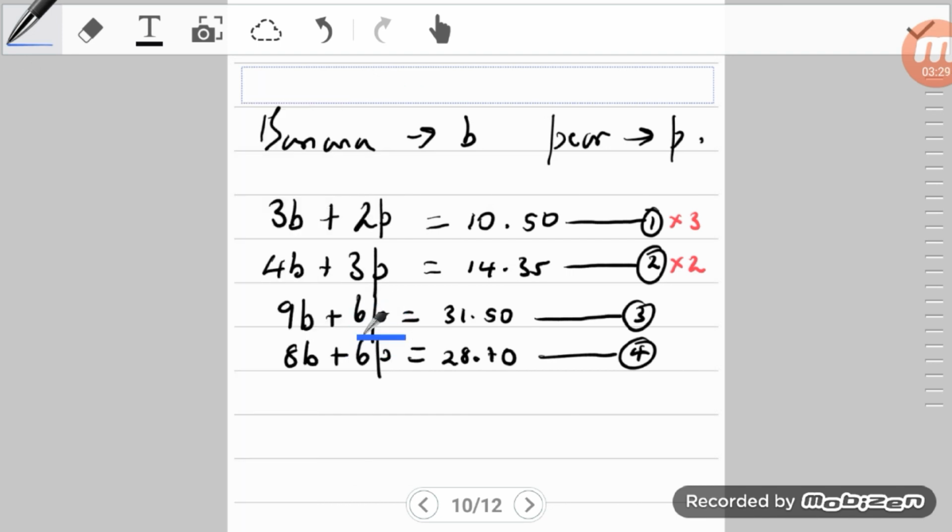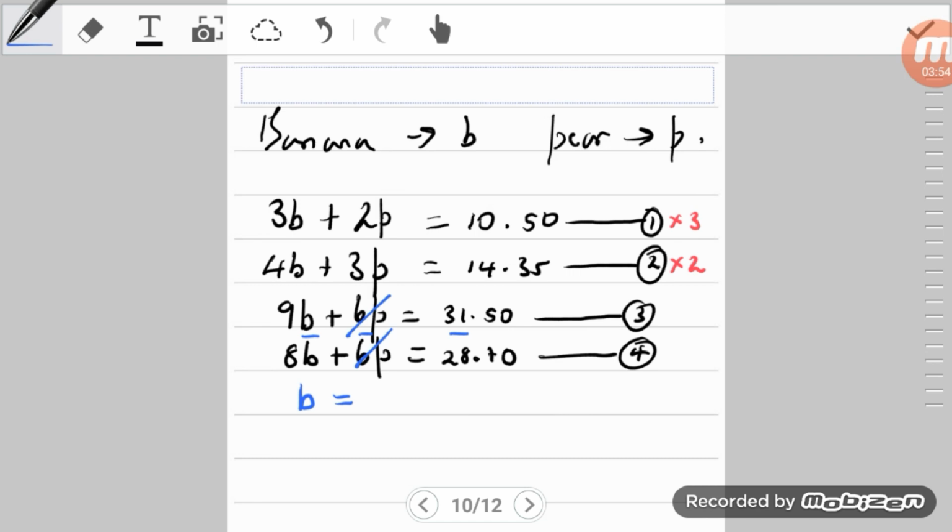All right, now the aim in the first place was to get the middle terms to be equal, which we have successfully done. And because the signs of both of the terms are the same, we are going to subtract in order to eliminate the pear value from the equation. So 9 bananas minus 8 bananas will give us just 1 banana. 6 pears minus 6 pears, that's going to give us 0.